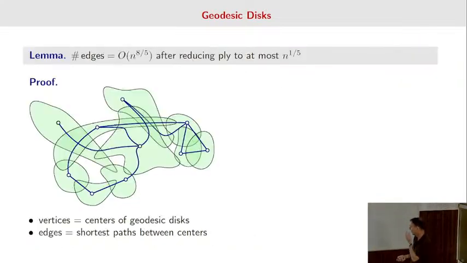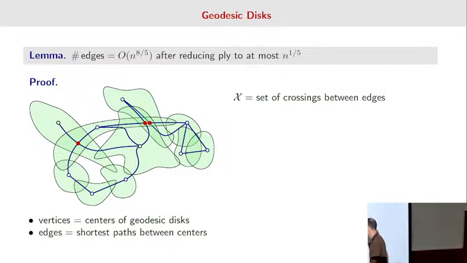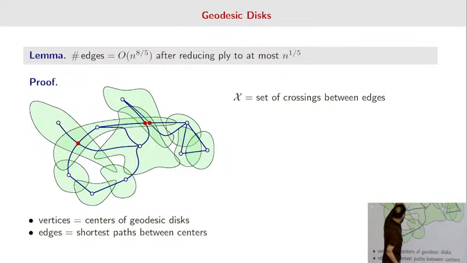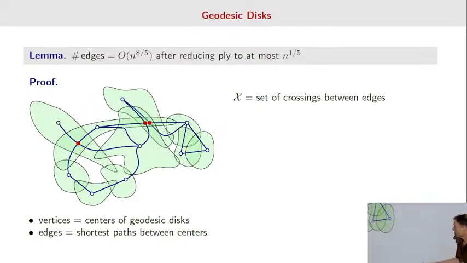Okay, so intuitively, how do you prove that the number of edges must be small? Let me define x to be the number of crossings between the edges. If I embed every edge, so this is an edge because this object intersects with this one, I embed it as the shortest path between them. Okay, if I have multiple options, I simply pick one. And now I look at the crossings.